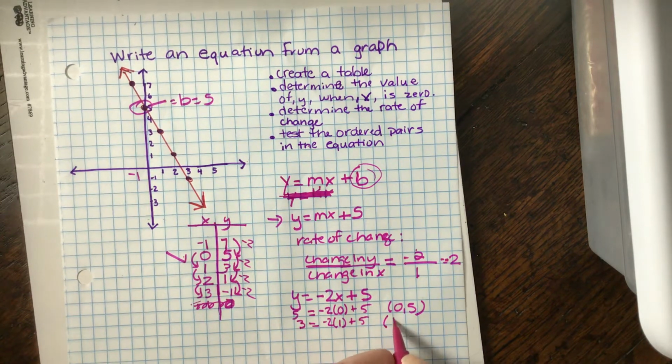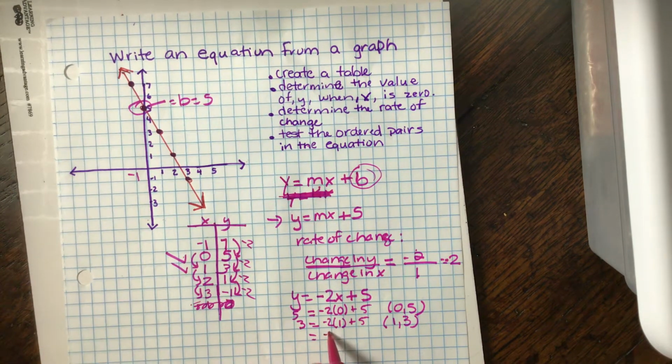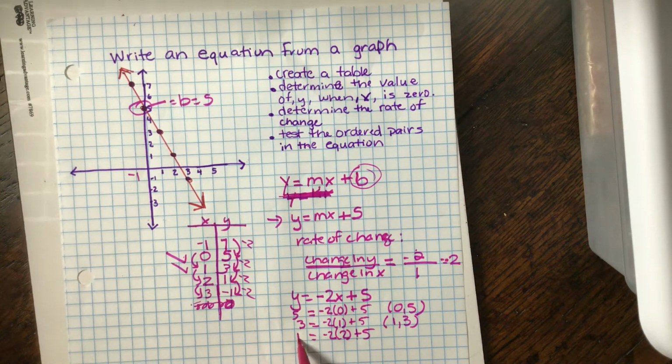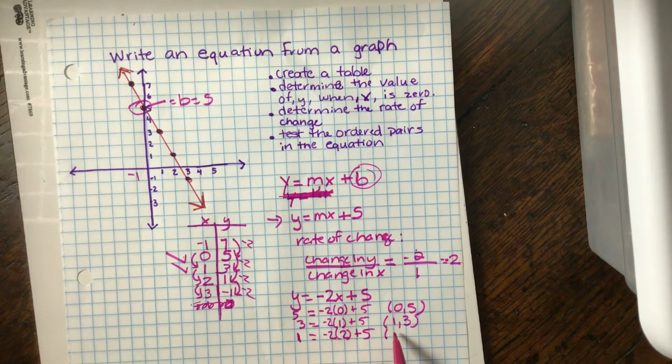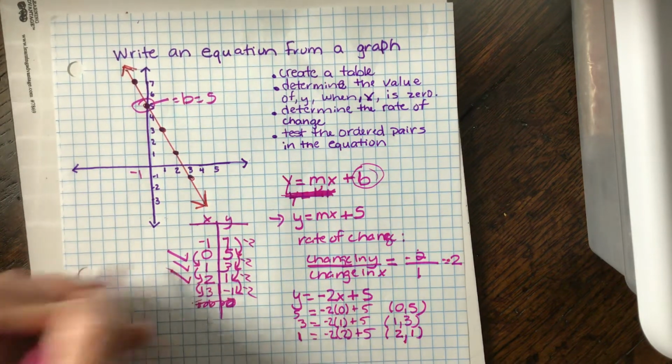That's the ordered pair 1, 3, and that one checks off. Now when x is 2, that's negative 4 plus 5. That's 1. So when x is 2, y is 1, and that checks off.